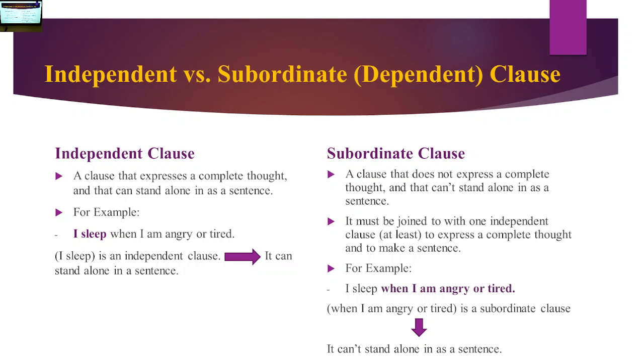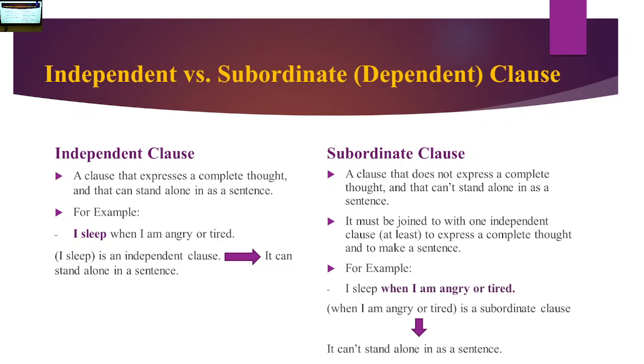But when you say, I sleep when I am angry or tired, if you want to use "when I am angry or tired" alone as a sentence, it wouldn't be correct, okay? Why? Because you have it as a subordinate clause. You have a subject, which is I, you have a verb, which is am, but you don't have a complete thought.